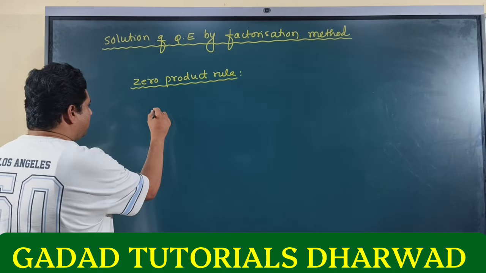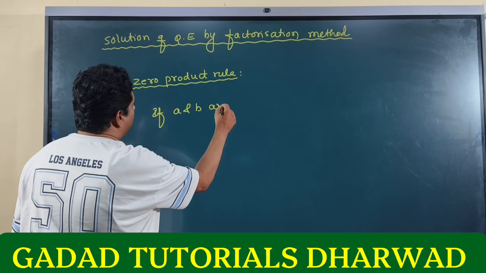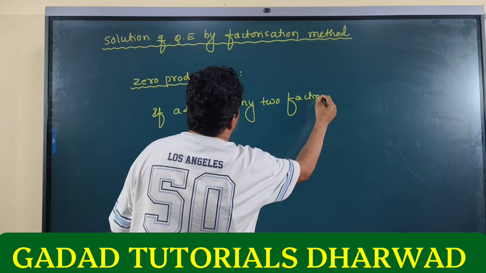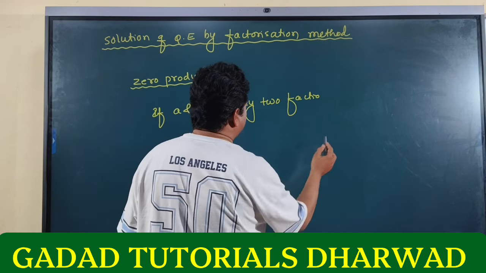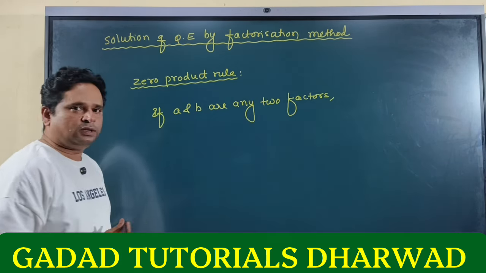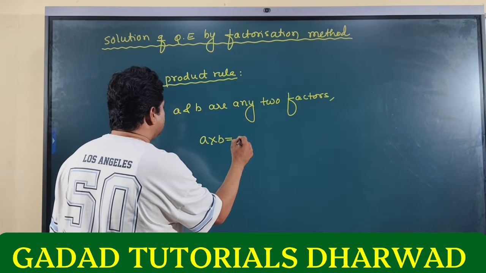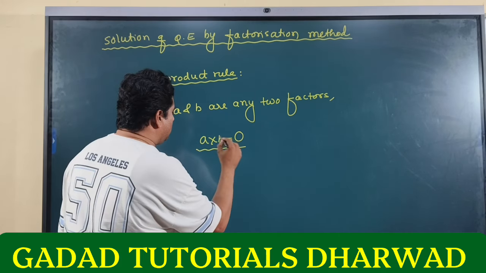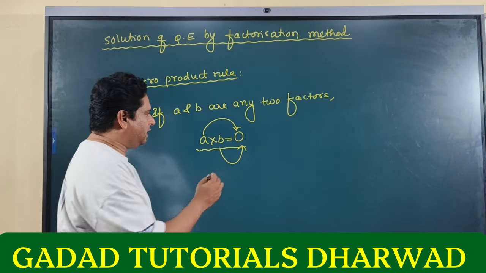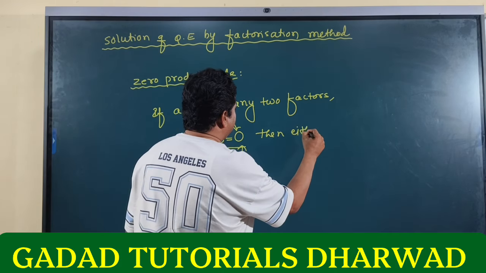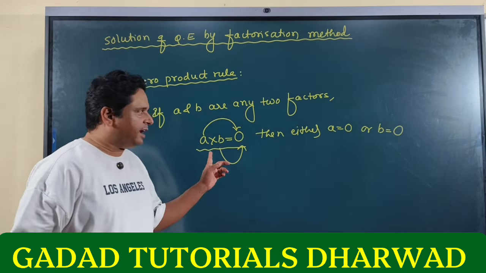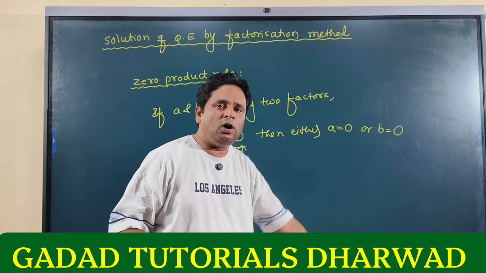Try to understand. If A and B are any two factors, suppose A into B is equal to 0, then either A is equal to 0 or B is equal to 0.